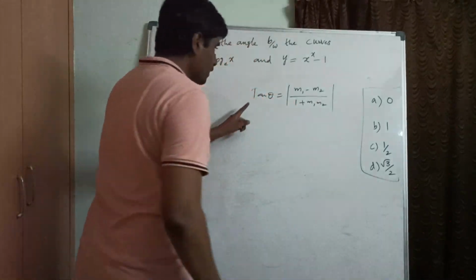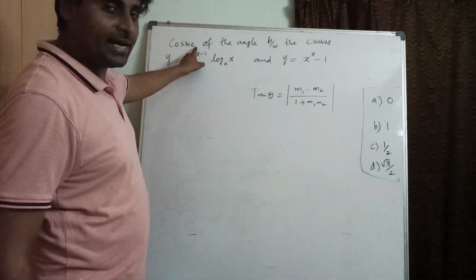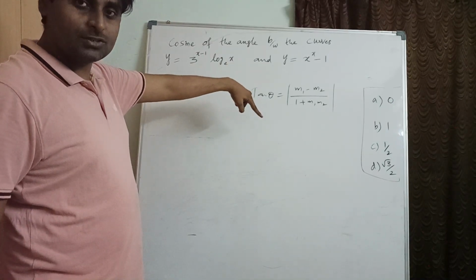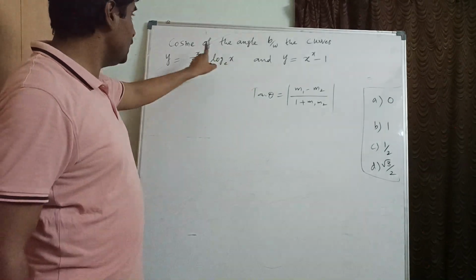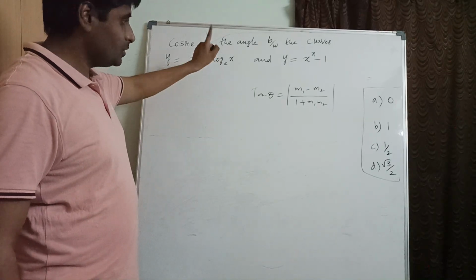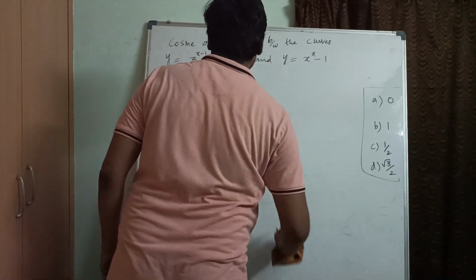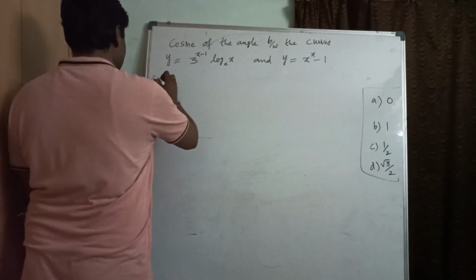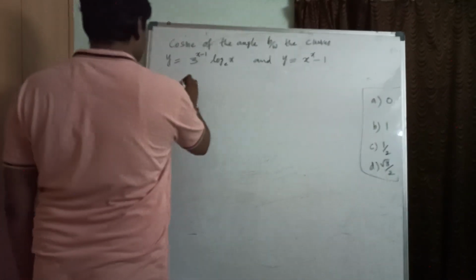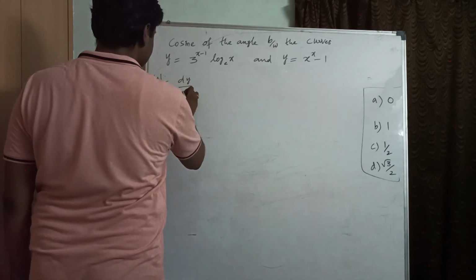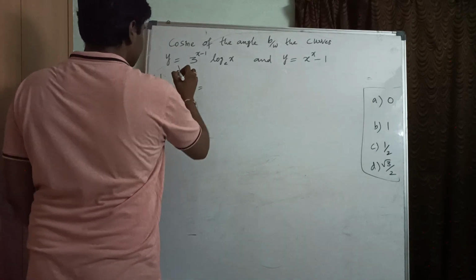So by making use of tan theta, we are going to find cosine. Cos theta we are finding. So finally we are going to find the value of cos theta. Clear? Now let us derive this one and find the slopes. Derive dy by dx. This is uv.